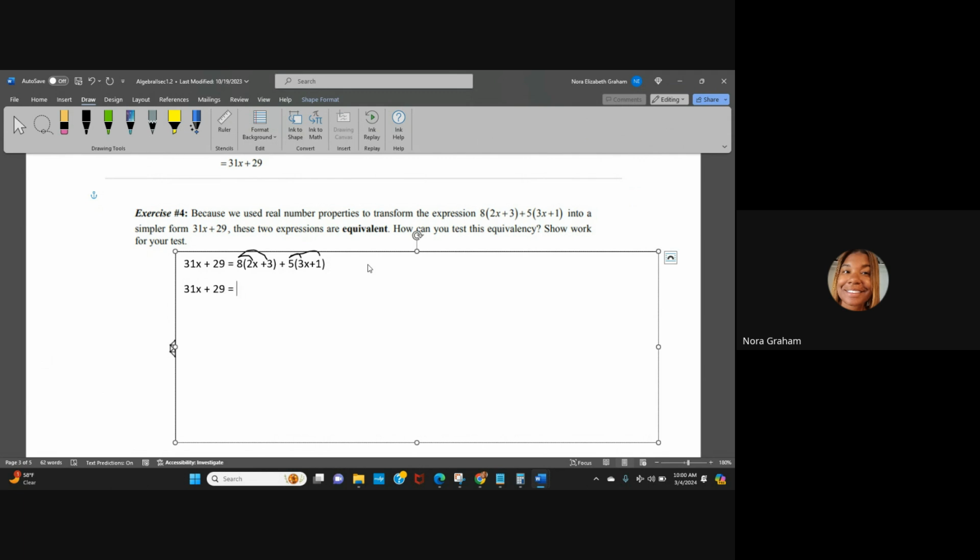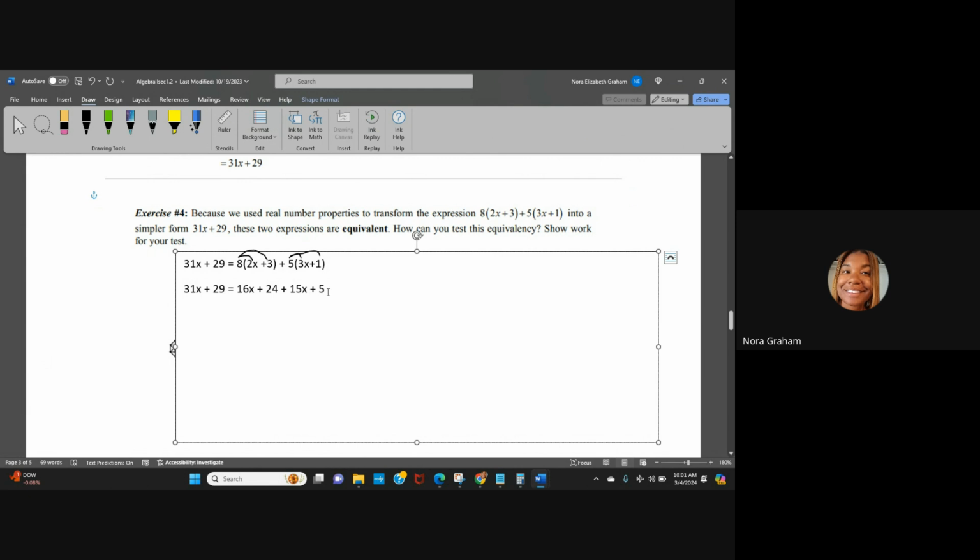So then I'm going to get 8 times 2, which is going to be 16x, plus then 8 times 3 is going to be 24, plus 15x, plus 5.